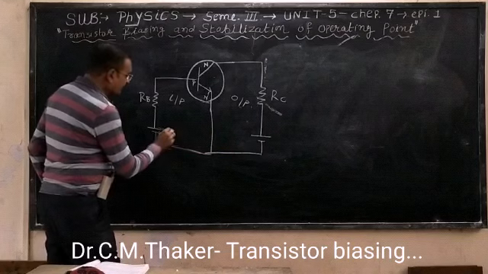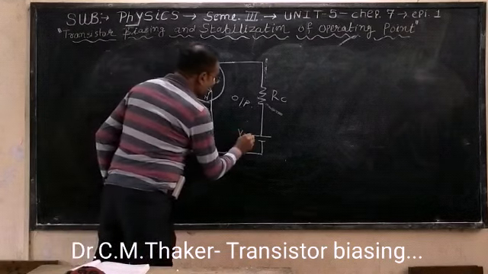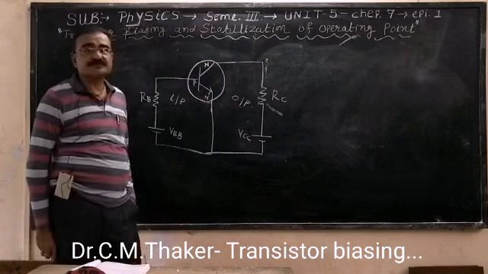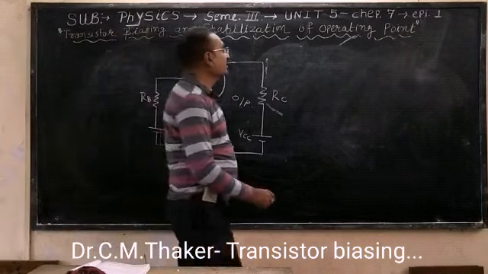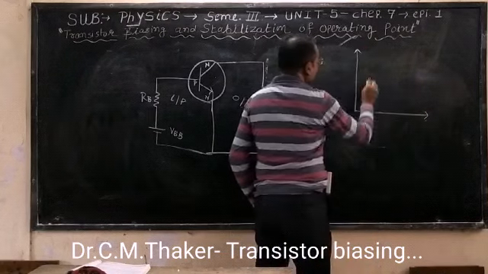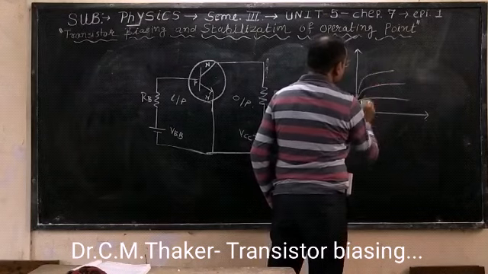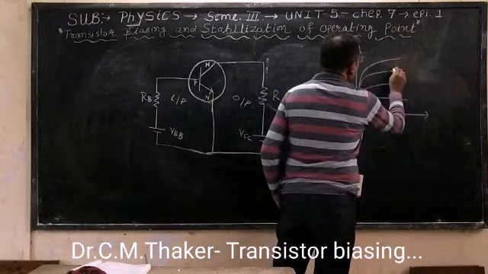Now let us provide the names. Suppose this is the VBB supply and this is the VCC supply, and we determine the output characteristic. Earlier I drew the output characteristic here.